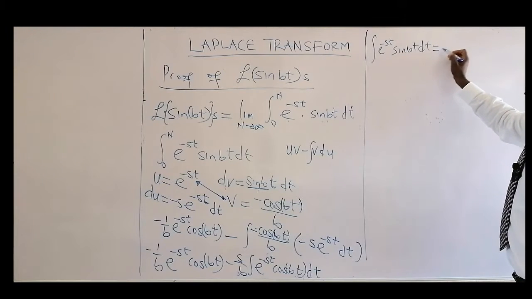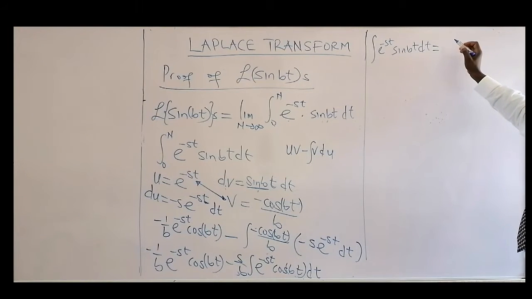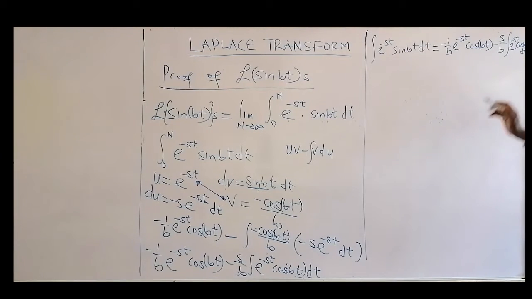Then that one is giving us minus 1 over b e to the minus st cos bt, minus s over b integral of e to the minus st cos bt dt. Okay, so this one also we have here.